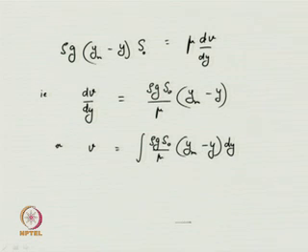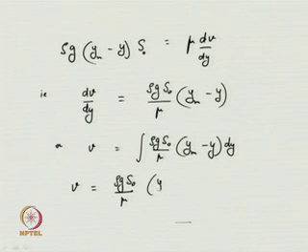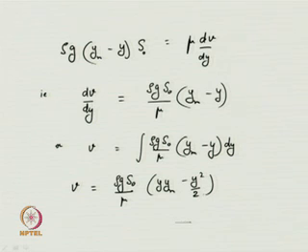You will see that all these quantities, rho g s naught and mu, are constant with respect to y. You are going to get this equation as v is equal to rho g s naught by mu (y into ym minus y squared by 2).